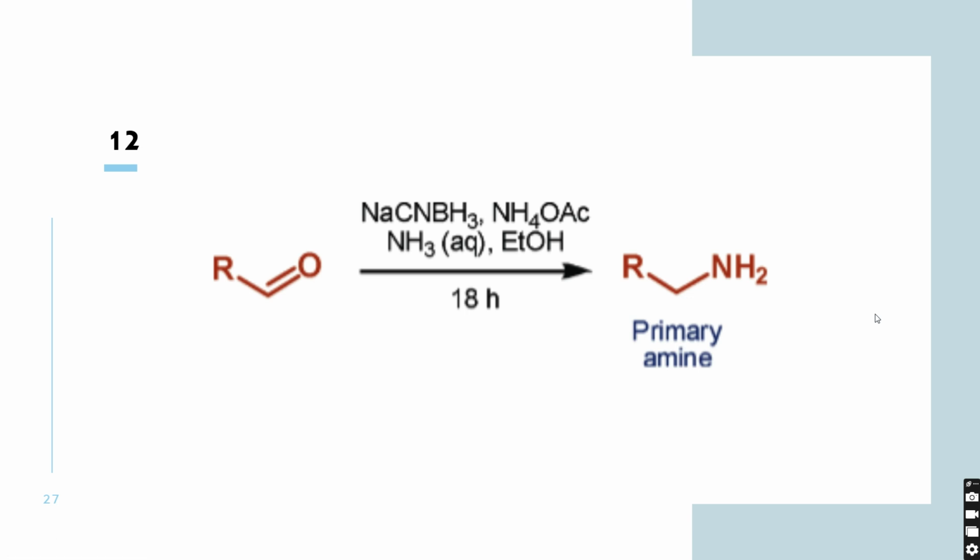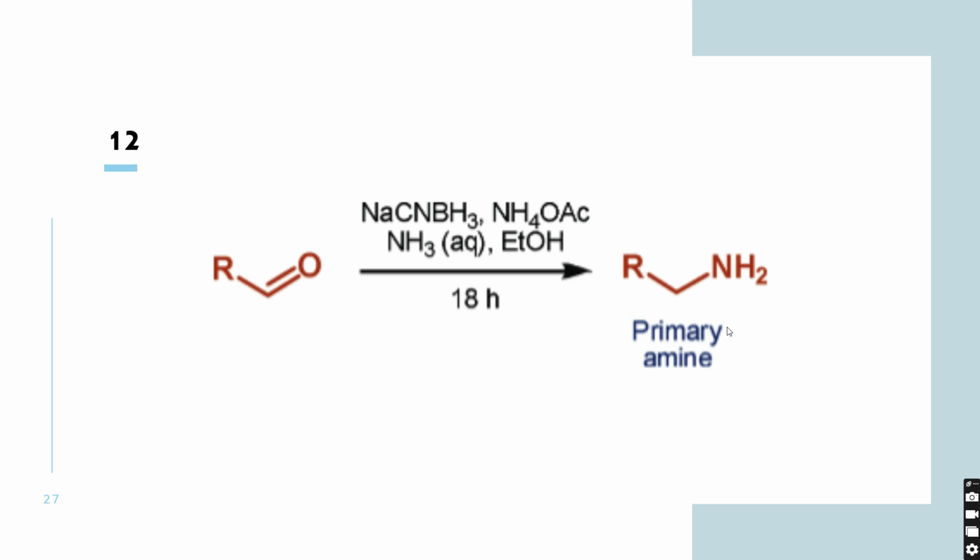So now let us move to question number 12, where you have an aldehyde and you have to treat it with sodium cyanoborohydride in presence of ammonium acetate with aqueous ammonia and ethanol solvent for 18 hours. And the product that you are getting is a primary amine.